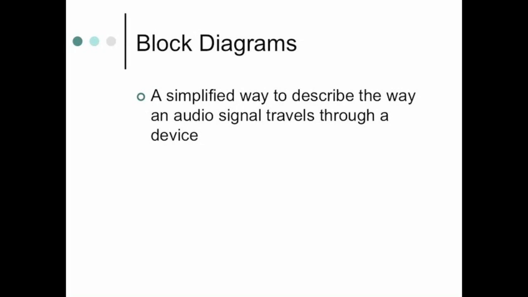As a good example of what a block diagram is, let's say I set up a microphone and then I connect it to a mic preamp. From the mic preamp you might go into an EQ, an equalizer, or you may go into a compressor to manipulate the signal. Then you might next go into some sort of recording device. Let's pretend this is 1970 and we've got a tape machine.